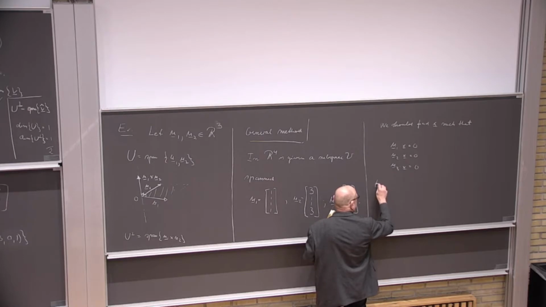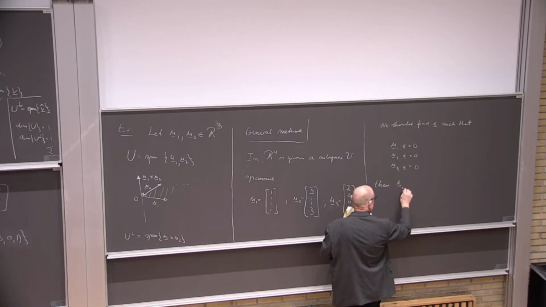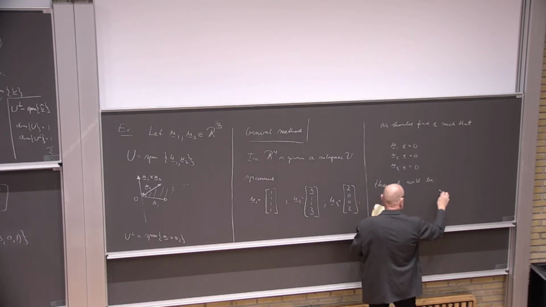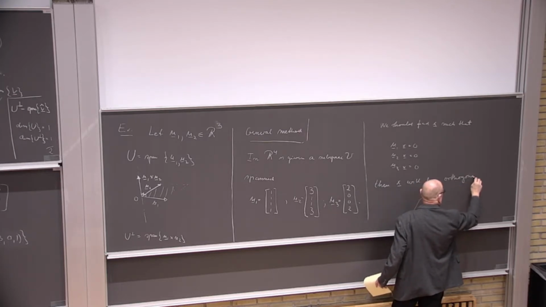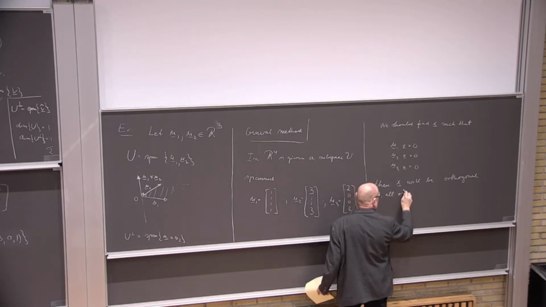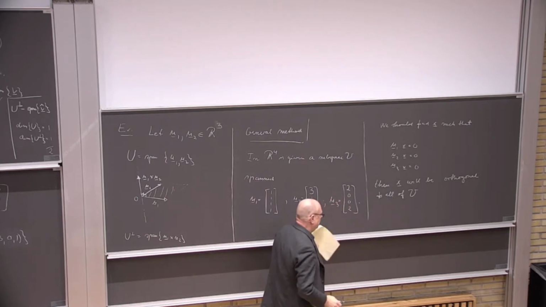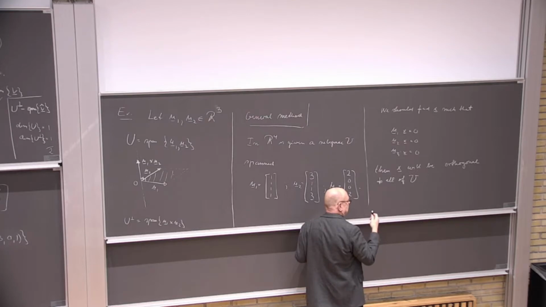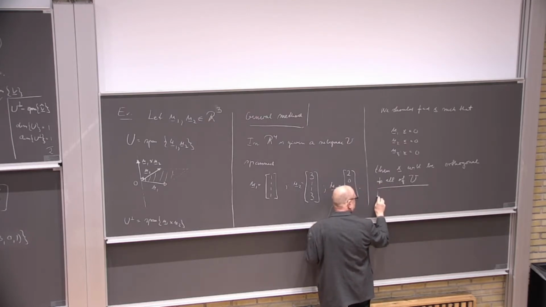So my claim is that if this is the case, then x will be orthogonal to all of U. And this is easily proved, so I'll just write down the proof here.